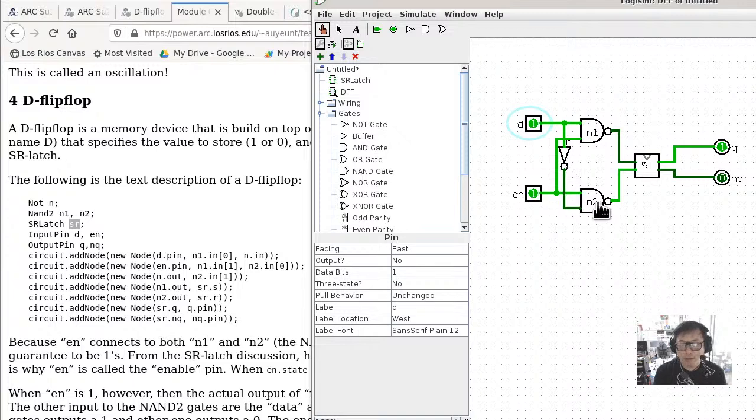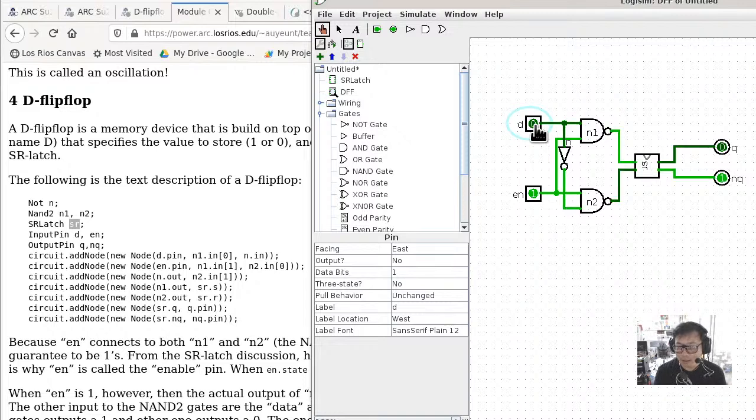So the output of N2 is actually changing with just a little bit of delay compared to N1. So how can it reset to 0? Oh, you just have to turn D to a 0.